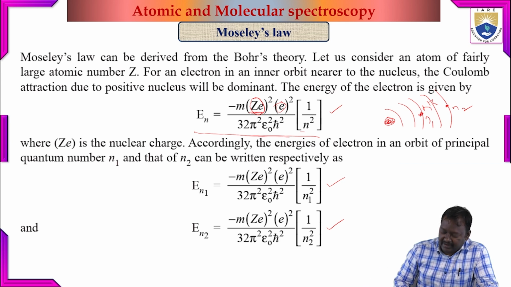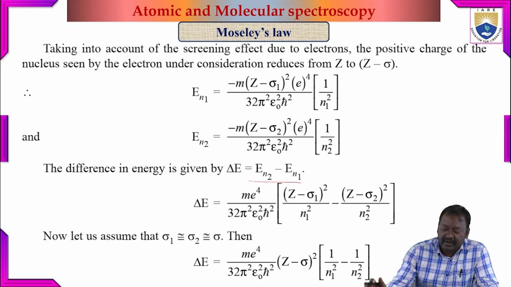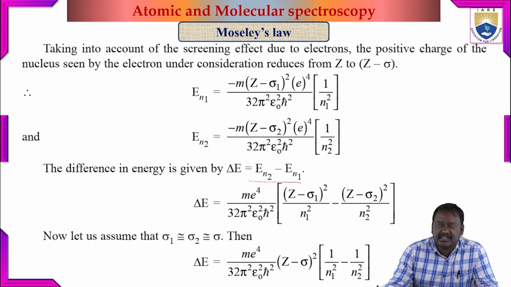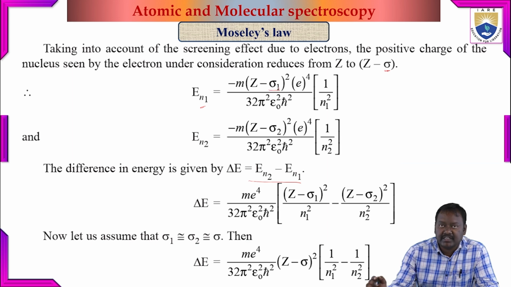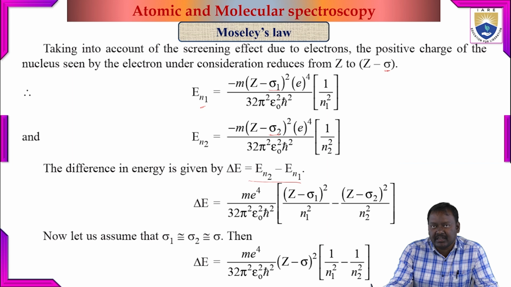Due to the screening effect, the electron experiences different attraction because of the presence of electrons in between these orbits. So we should include that value as a screening coefficient sigma. For the n1 orbit we consider sigma 1, and for the n2 orbit we consider the screening coefficient sigma 2.